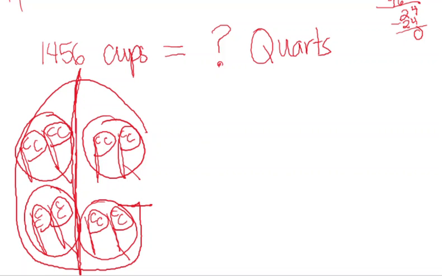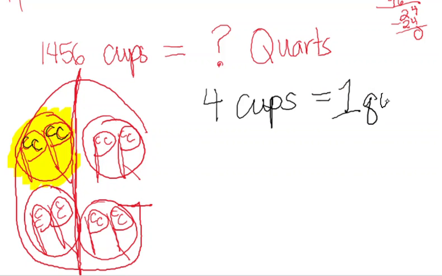But I'm trying to go from cups to quarts, so I want to know how many cups are in a quart. So I only want to look at one of my quarts to see how many C's. 1, 2, 3, 4. So we know there are 4 cups equal to 1 quart.